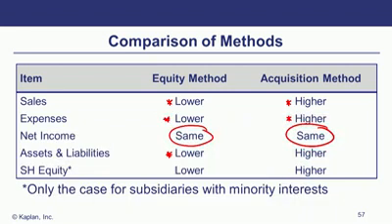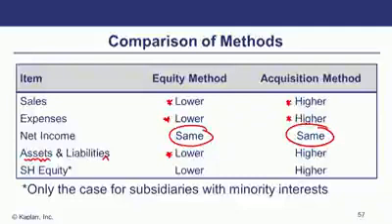Now, why are we going to say that assets are lower under the equity method? Because of this one-line consolidation, remember, we're essentially netting the assets of the associate against its liabilities. What we're bringing into our one line is our share of its net assets. So you've got this netting process of assets against liabilities, whereas under the acquisition method, we're not netting assets against liabilities.